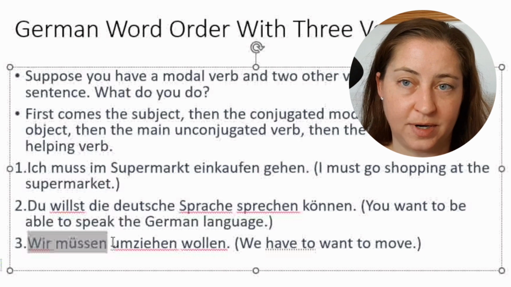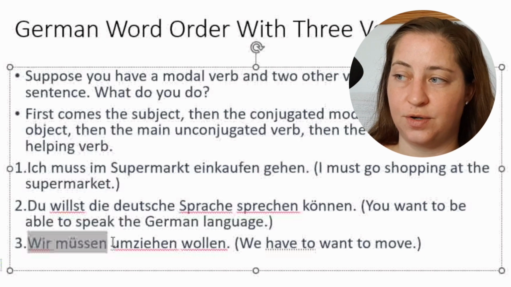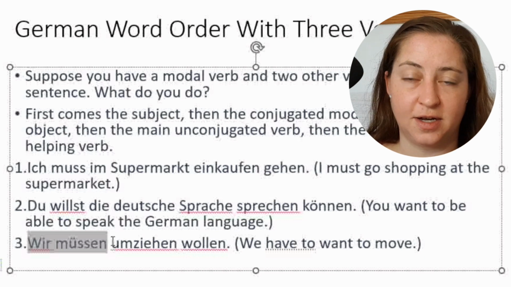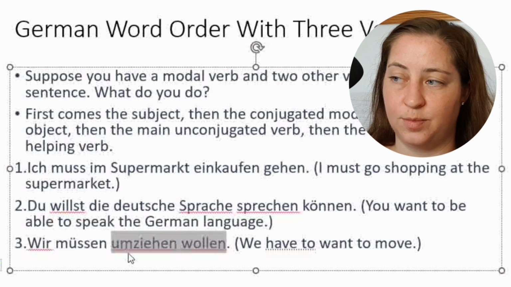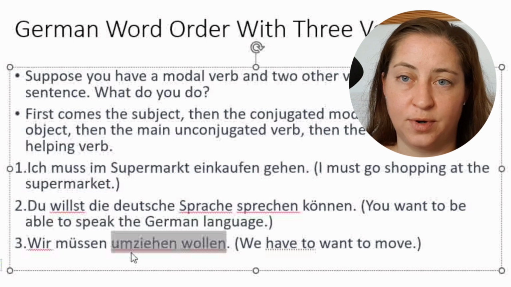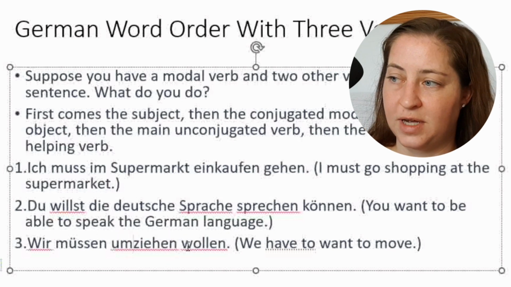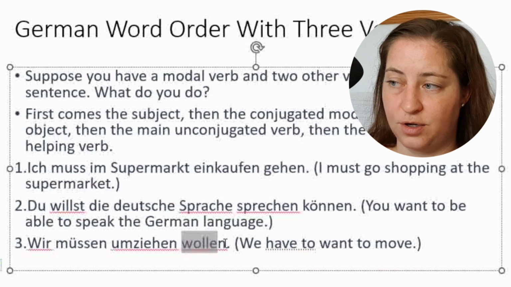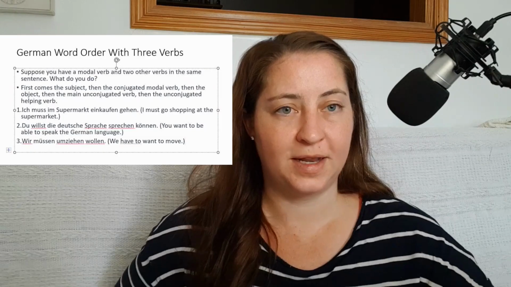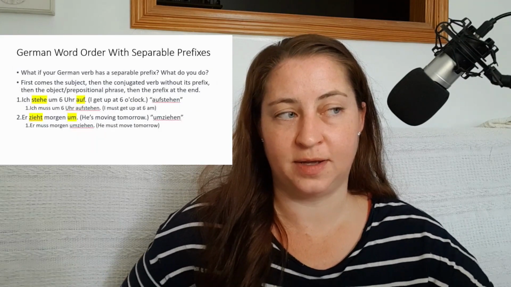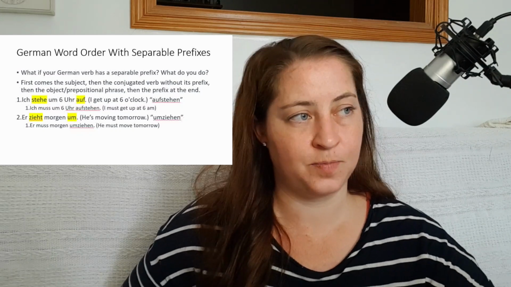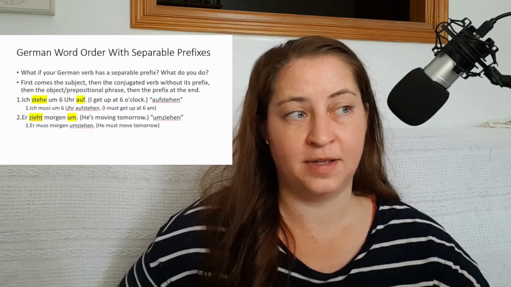And there's no direct object, so we go directly to our unconjugated verbs in order of importance. Most important one first. And the helping verb could also be another modal verb.